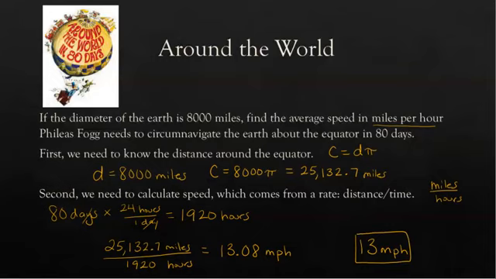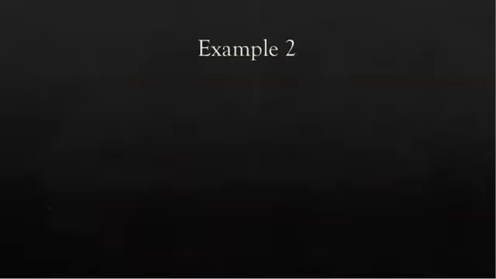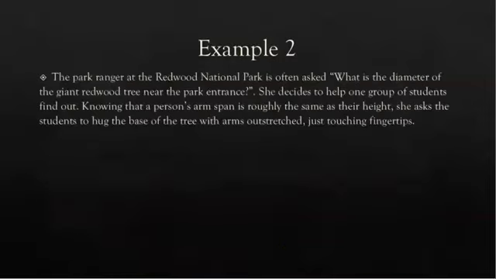Let's look at another example. The park ranger at the Redwood National Park is often asked, what is the diameter of the giant redwood tree near the park entrance? She decides to help one group of students find out. Knowing that a person's arm span is roughly the same as their height, she asks the students to hug the base of the tree with their arms outstretched, just touching fingertips.